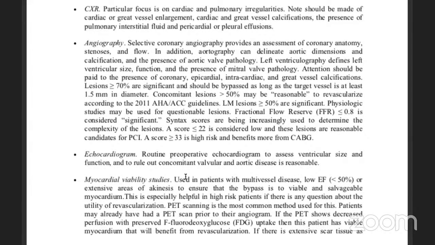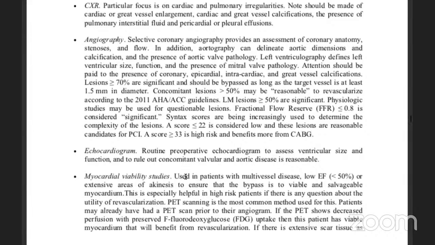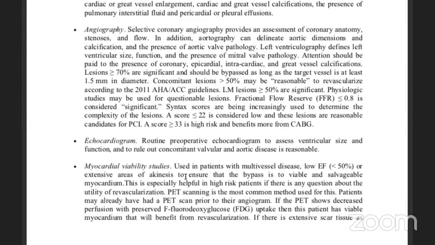But Doctor, he stated here that myocardial viability is used in patients with multivessel disease, low EF, less than 50%, or extensive areas of akinesis. Yeah, sorry, did you say 15% or 50%? 50. Okay, he mentioned here. This is probably not applicable, especially with the current literature.